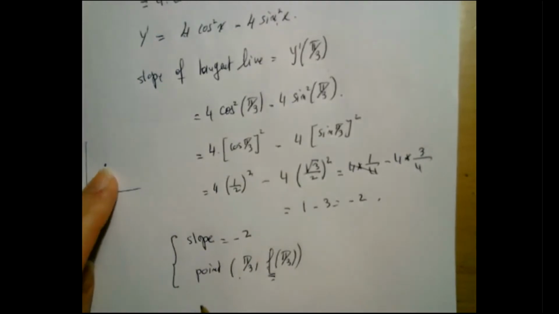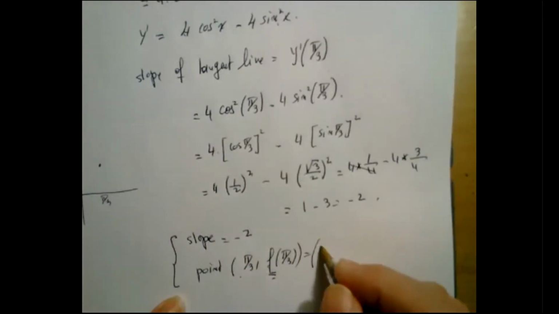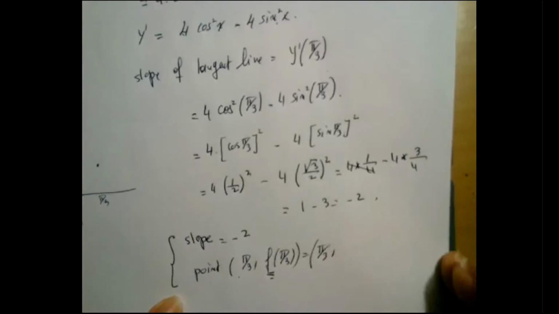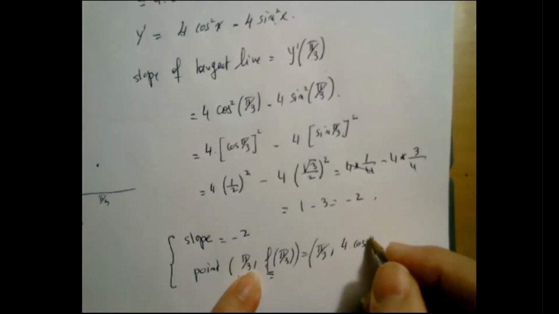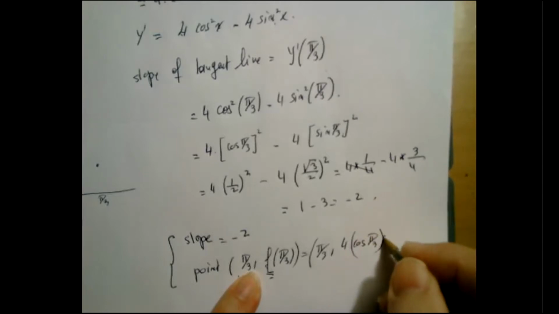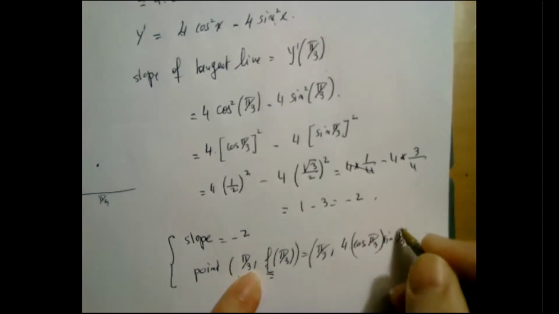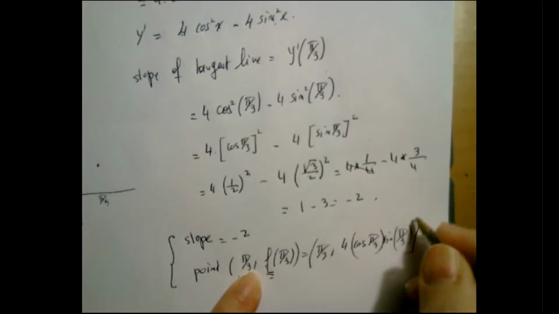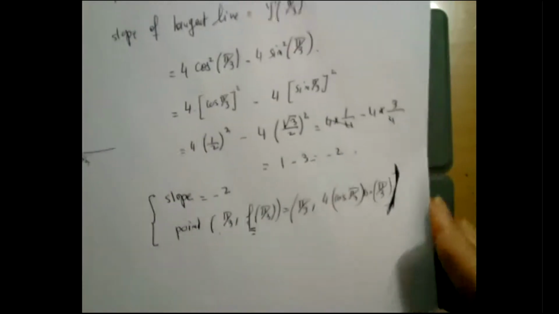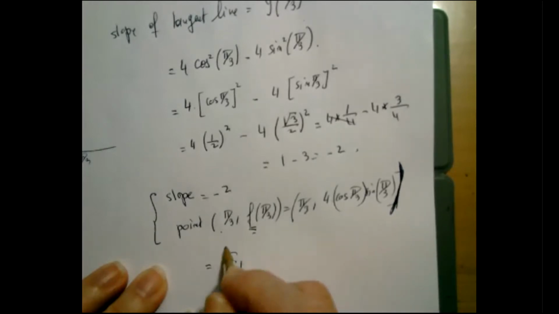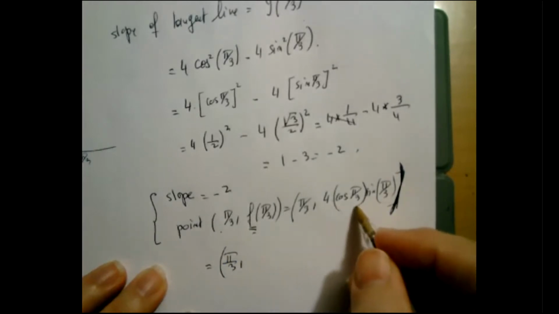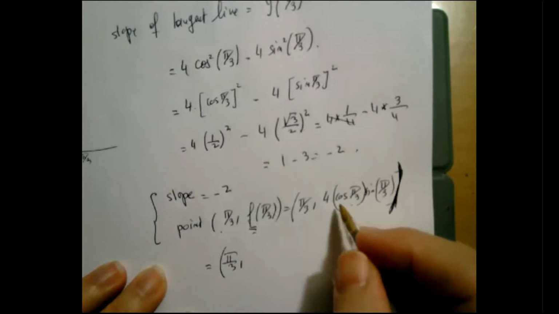So this is pi over 3, and f of pi over 3 is 4 cosine pi over 3 sine pi over 3. That's the point, and cosine pi over 3 is a half.